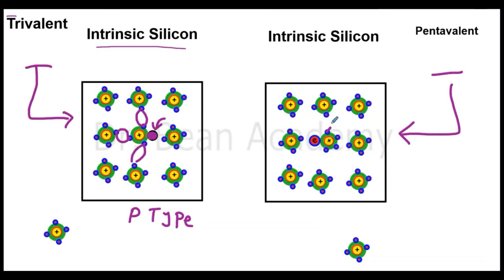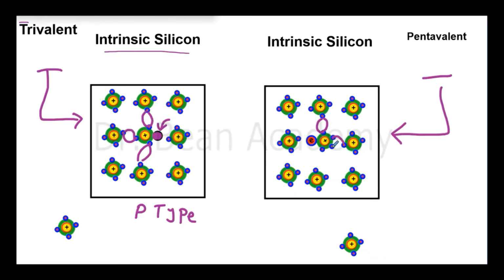So it will make a covalent bond with the 4 neighboring silicon atoms, for example here and then this and with the lower atom and then on the left side.